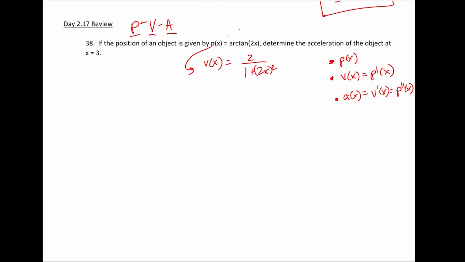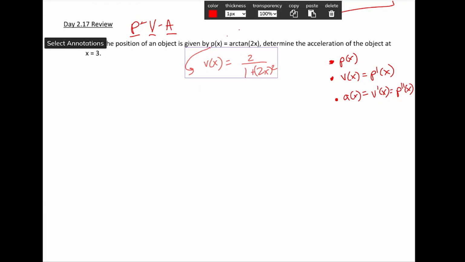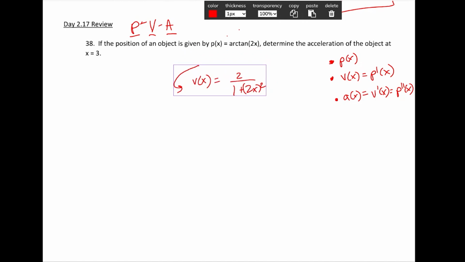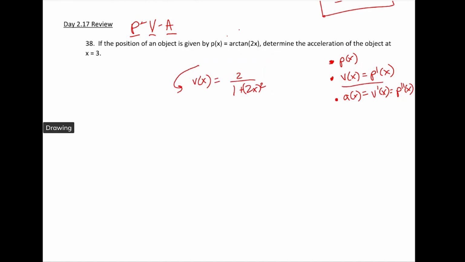So that's something that's really easy to overlook, and I just really want to point that out, that you really want to make a statement like this, at least somewhere. It doesn't have to be inside your work necessarily, but if it's relevant to the problem you're working on, if you have to make that connection between the velocity and the position, you've got to write it out like that.